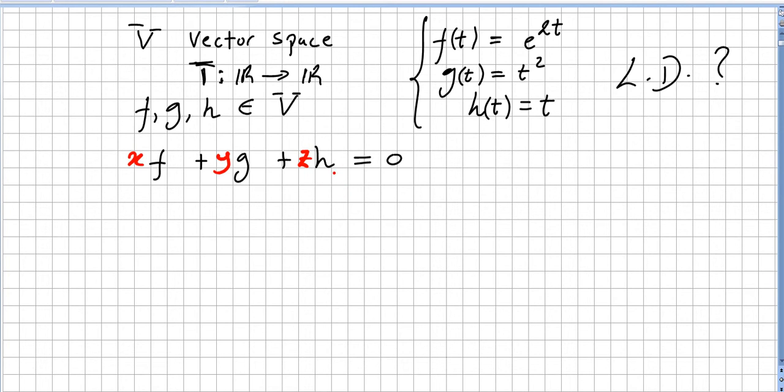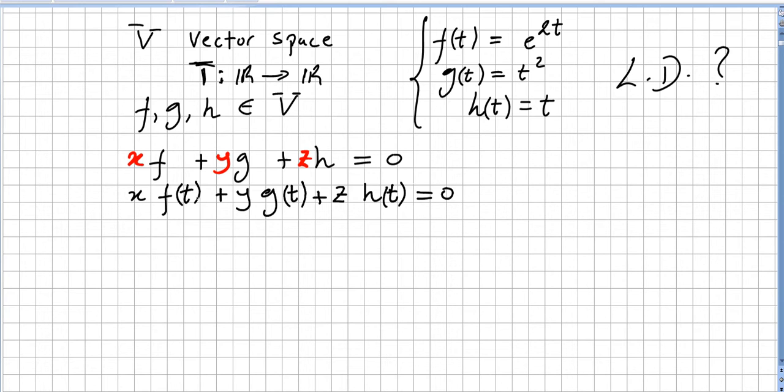Okay, but here we have functions, and this should be true for every value of the functions. So I shouldn't write it this way, I should write it this way: x of f of t plus y of g of t plus z of h of t is 0.